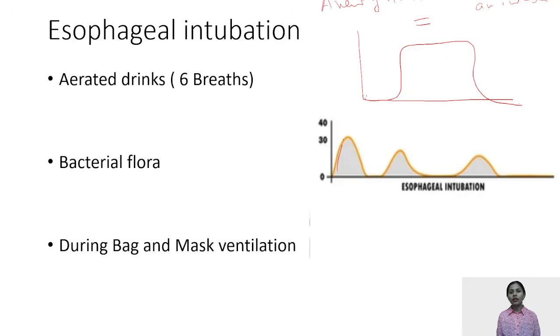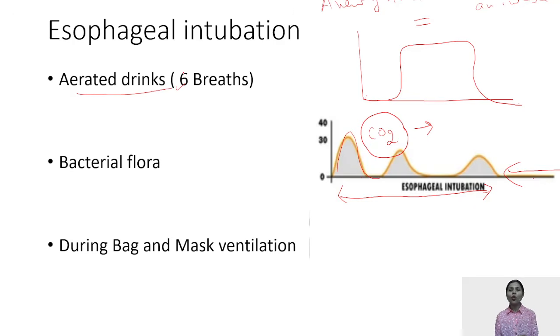This is just one capnographic curve which is coming because of some CO2 that is produced in the stomach, and eventually after 3 to 4 such waves, there will be a disappearance of the waves. This is suggestive of esophageal intubation, and the reason why some CO2 waves can come is if the patient had certain aerated drinks before coming to the hospital.